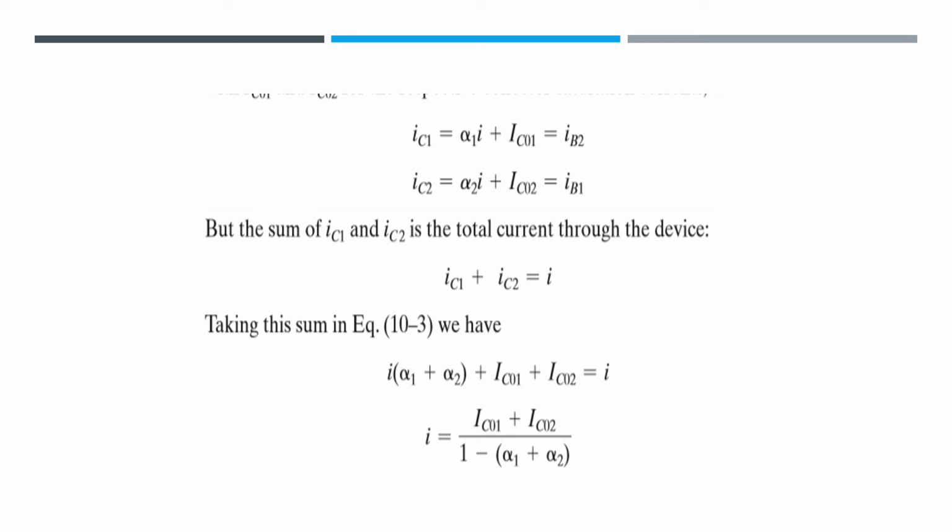Now in the previous figure which we have just seen, the four-layer configuration suggests that the PNPN diode can be considered as two coupled transistors. J1 and J2 form the emitter and collector junctions respectively of the PNP transistor.